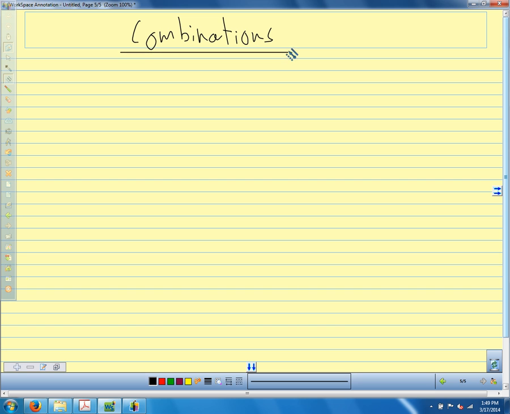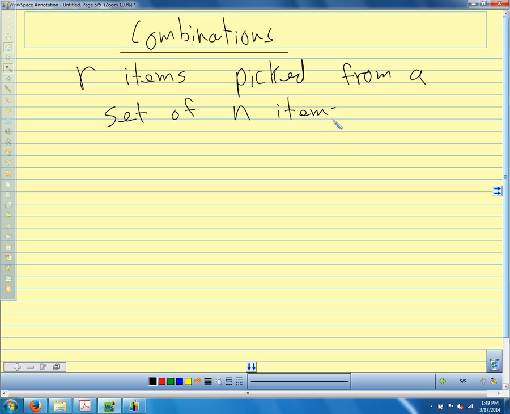Combinations are similar to permutations in that we have our items, pick from a set of n items, but the order does not matter. So an example of a combination, and we'll write down the formula here in just a second.